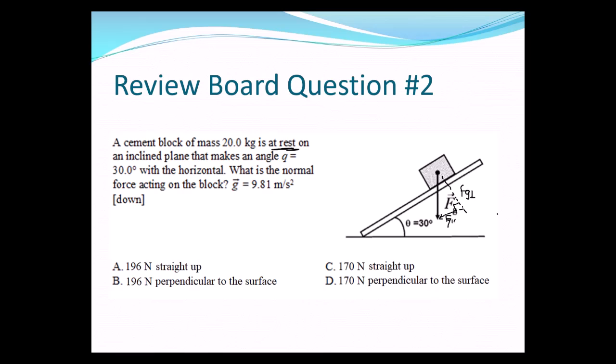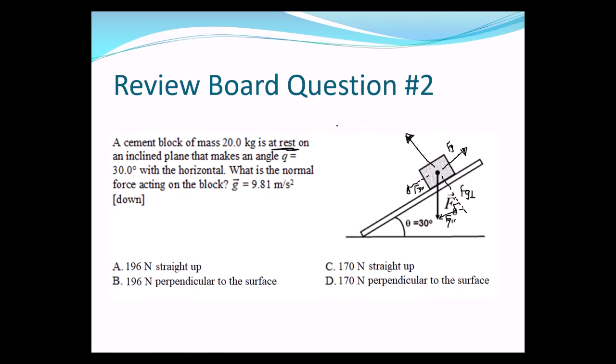Remember that these should always be a 90-degree angle here. And then we have our normal, which is perpendicular to the surface. And it's at rest, so there's some friction that's keeping it up. And I'm going to move this force of gravity parallel so that it's here. So this question is asking what is the normal force.